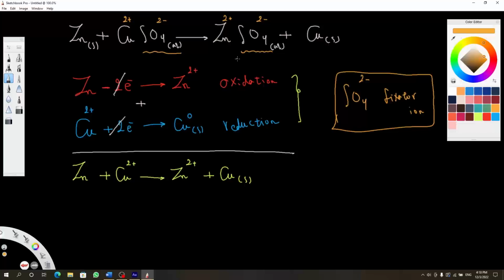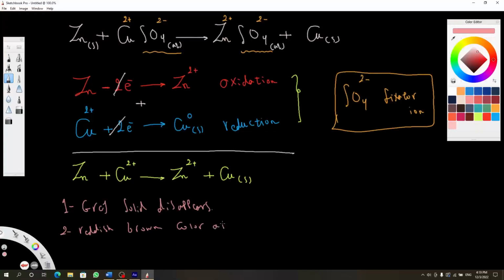Zinc sulfate, as we've mentioned, it's the only transition metal that forms colorless compounds, which means that the blue color will fade or disappear. So again, the three observations we get from this experiment are: number one, the gray solid disappears. Number 2, a reddish brown color appears.